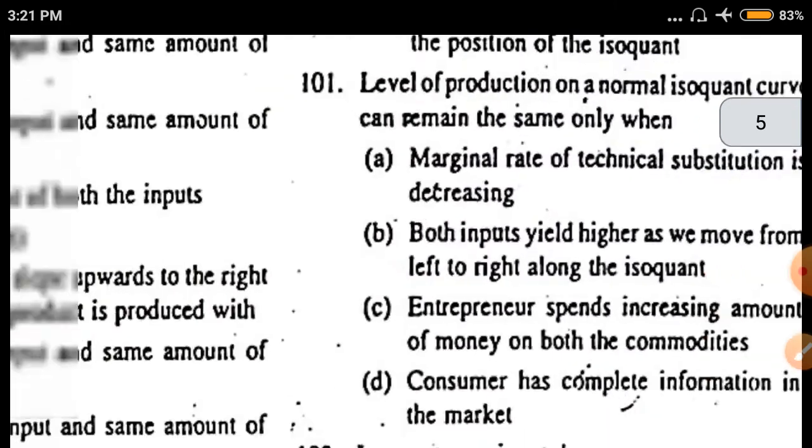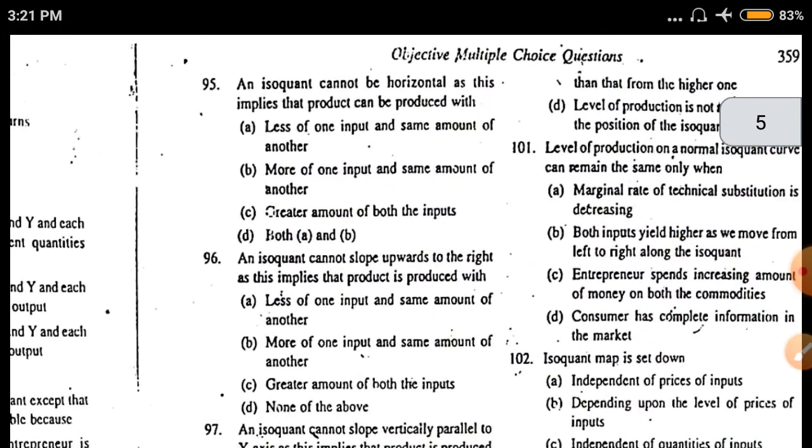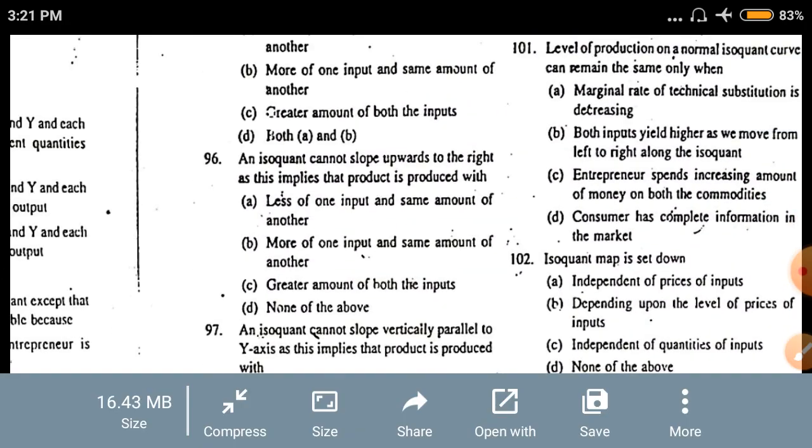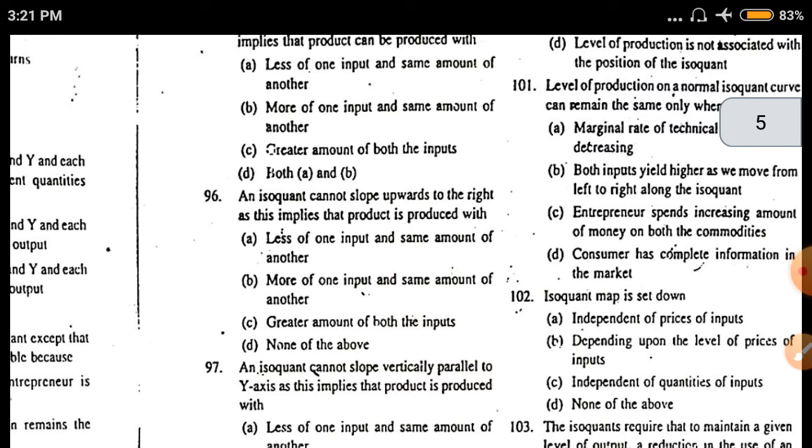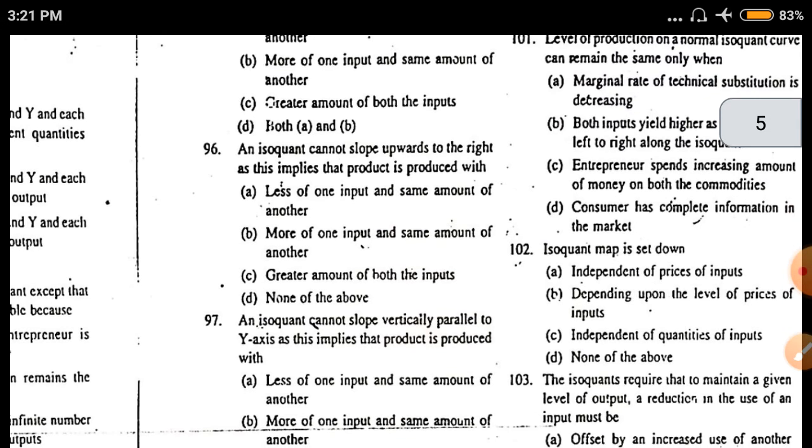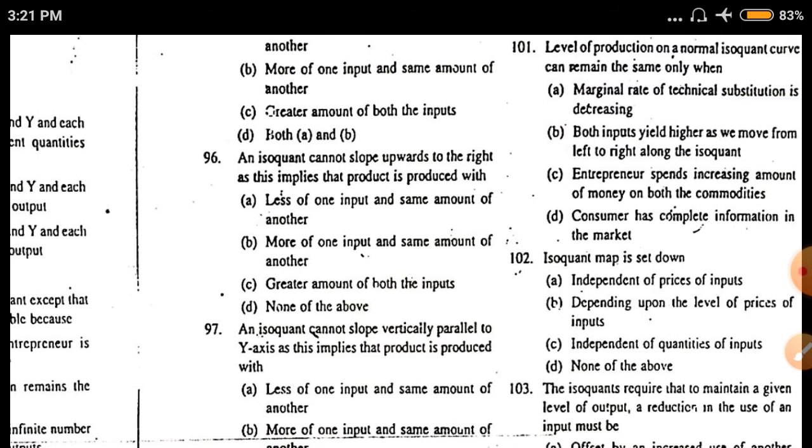Question number 101. The level of production on a normal isoquant curve can remain the same only when the MRTS is decreasing.